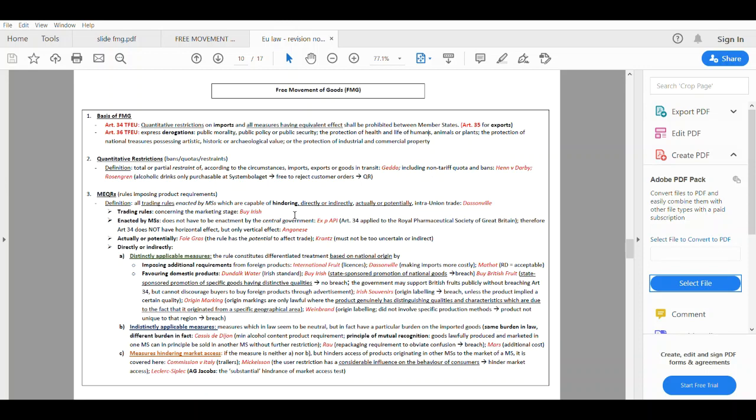Therefore, if you have a quota system which only allows a certain capacity or volume of import, that is a quantitative restriction as well and is prohibited under Article 34 TFEU, like the situation in R v Henn and Darby, where there was a total ban on pornographic material.